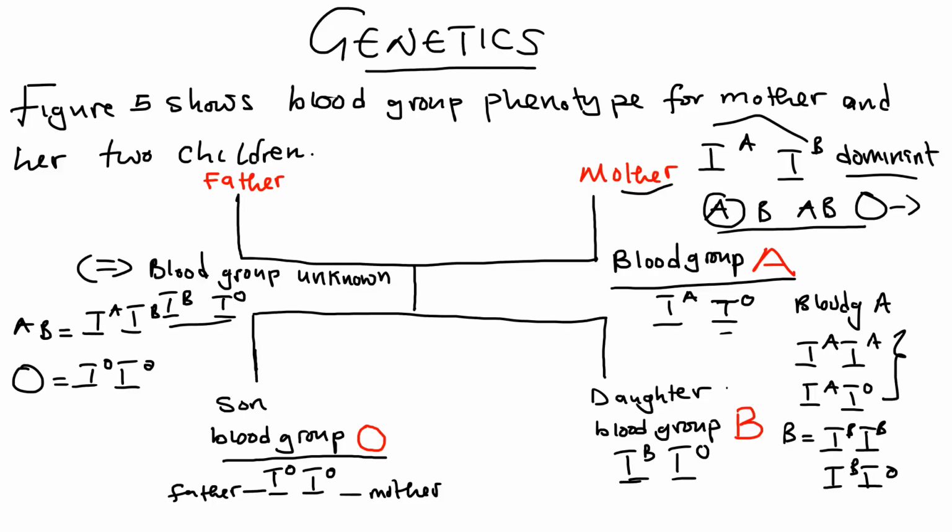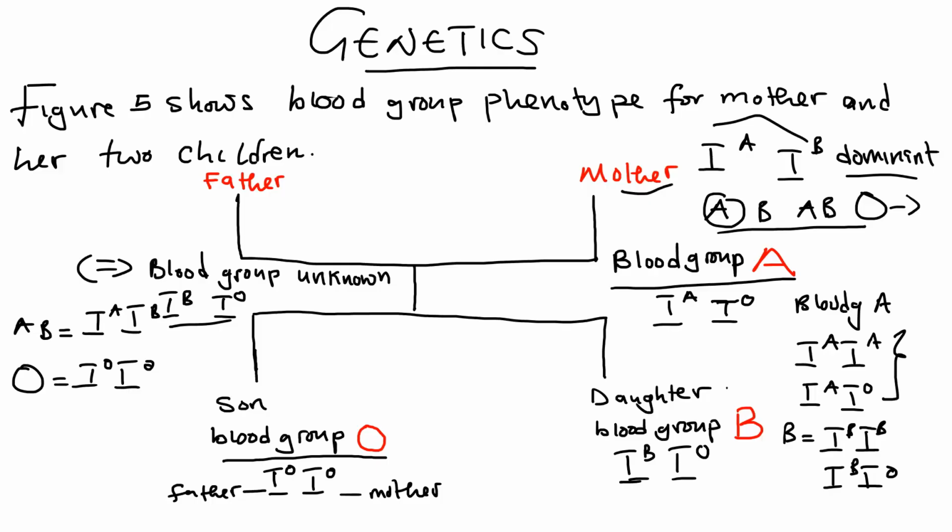That is why, from the son who is blood group O, we are able to tell that O is coming from the father and O is coming from the mother. Therefore the mother has O, and the father also has O. Now the mother is A, so the only allele remaining is A, to make the full genotype of the mother.